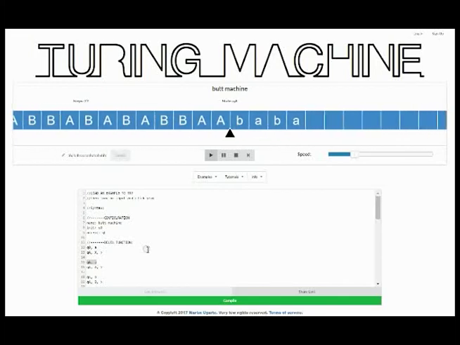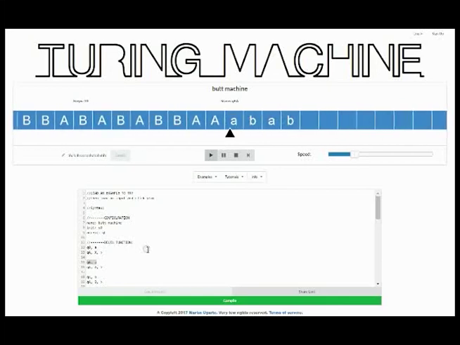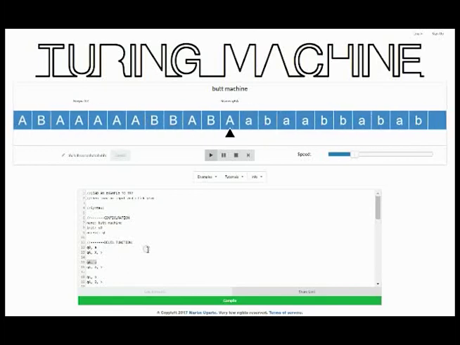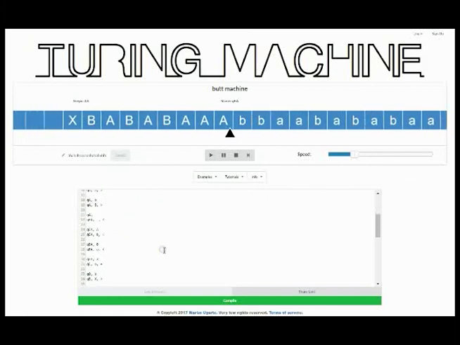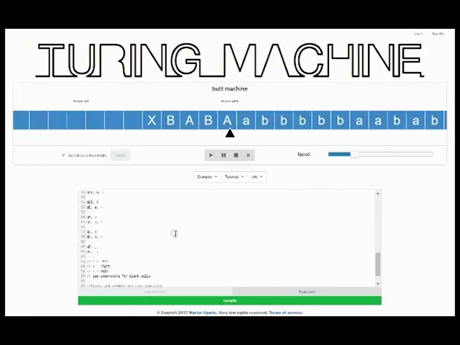While it is in QE, it will move one by one to the right, disregarding the string until it sees a blank space. And when it encounters a blank space, from state QE the Turing machine would transition to state QL, thus accepting the string, and the string would be reversed.